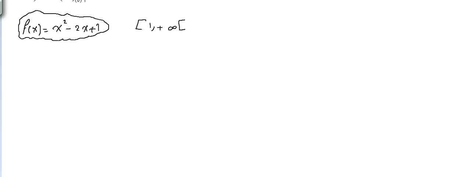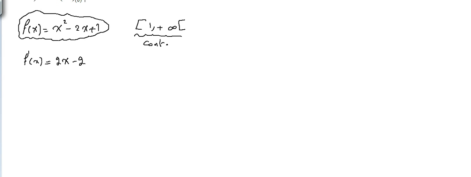Yes, that's true. So it's defined and also continuous over 1 to plus infinity. Second thing, we should find the derivative. f prime of x equal 2x minus 2. This is the derivative, right?